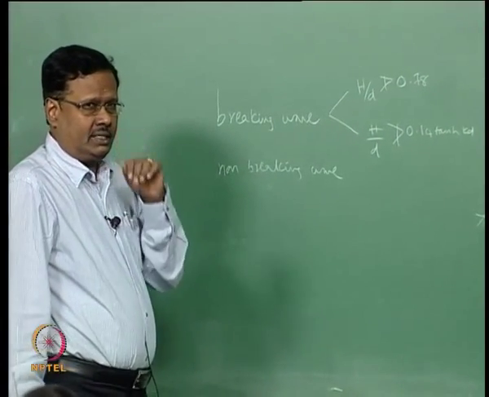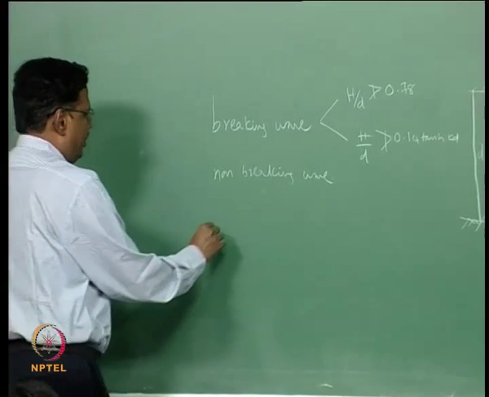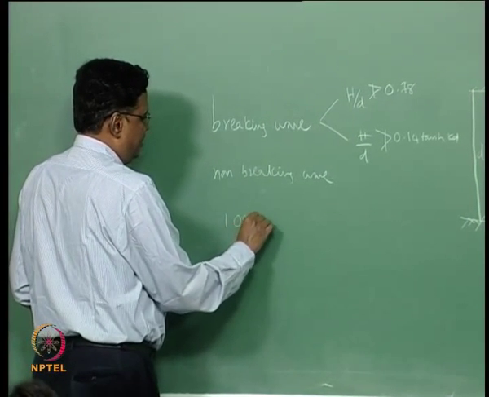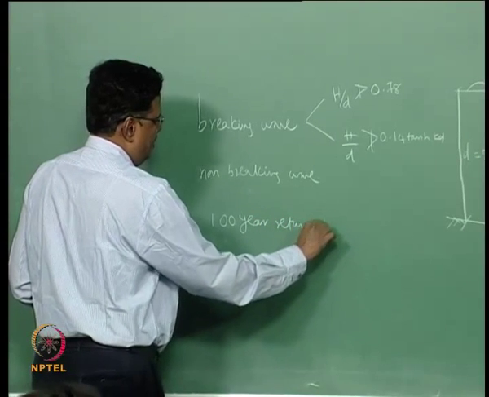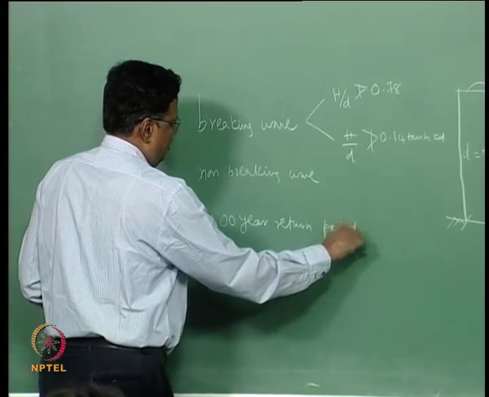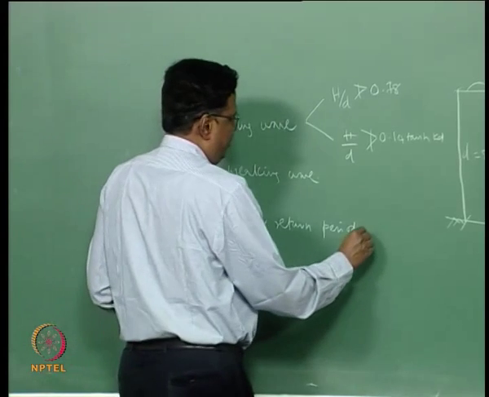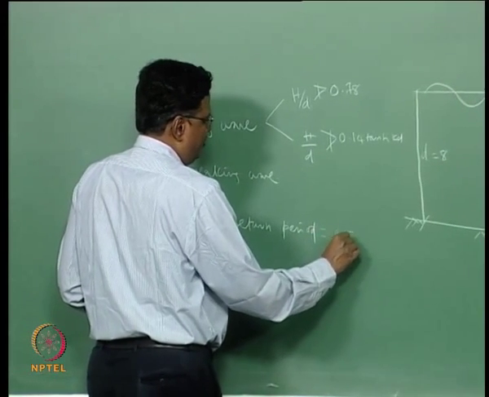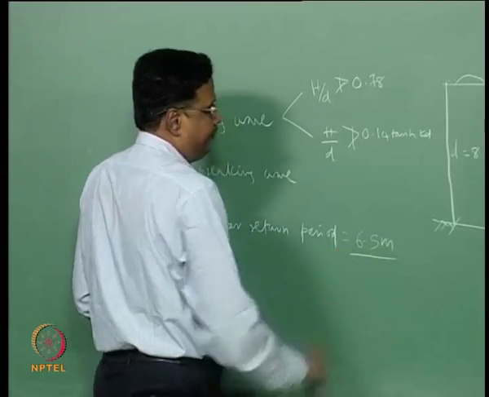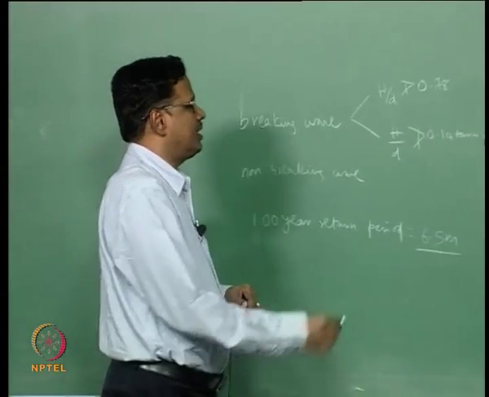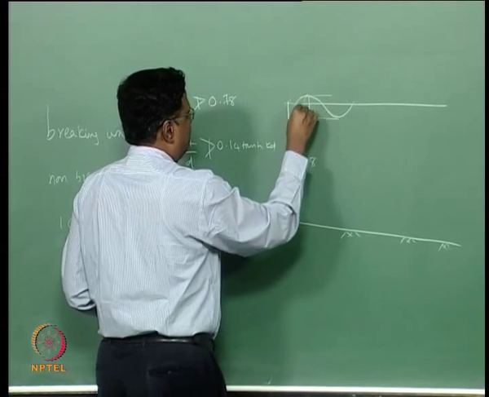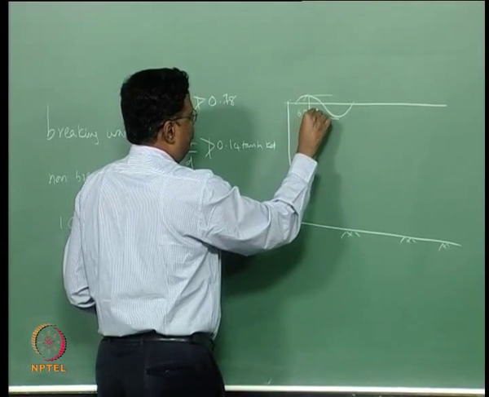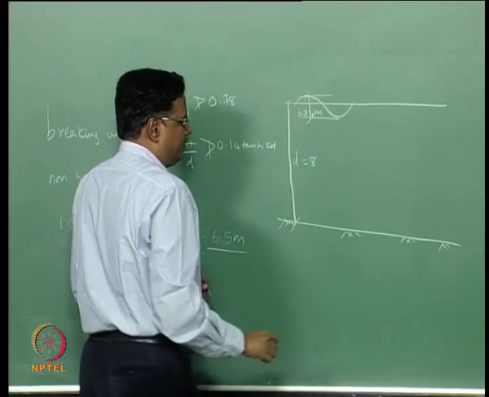Then, as I said in one of the classes, for the 100-year return period, if the wave height is, let us say for this case, 6.5 meter, and this maximum wave is 6.24 meters wave height.